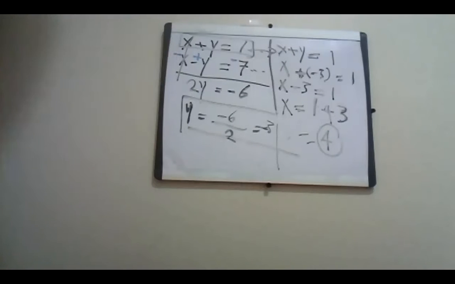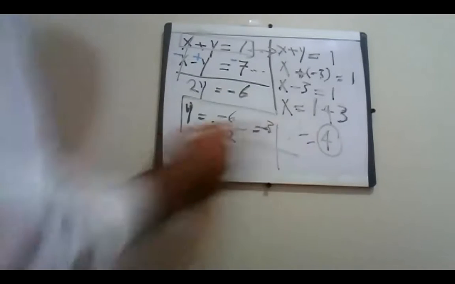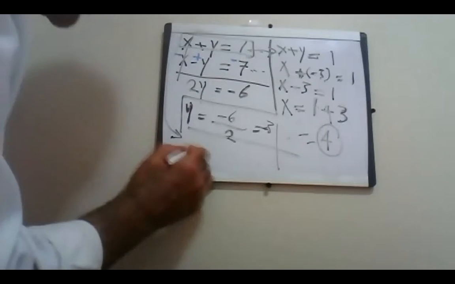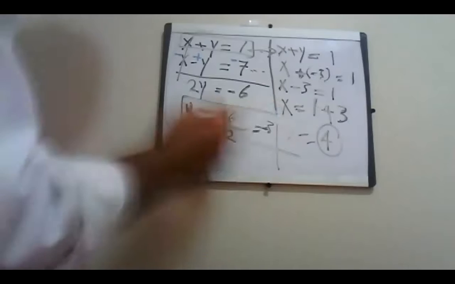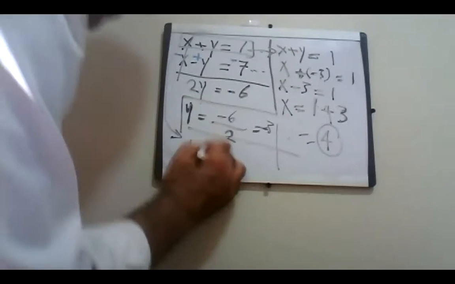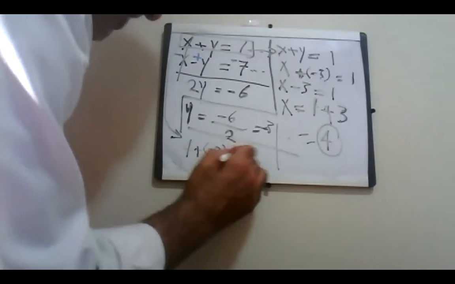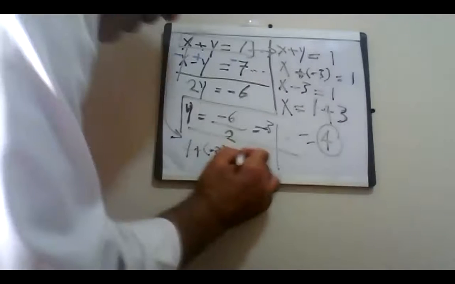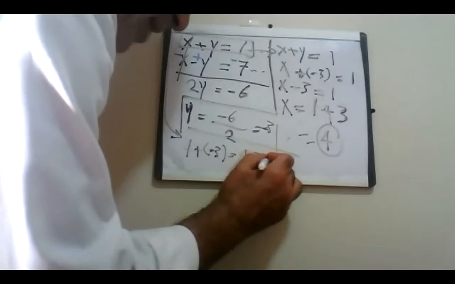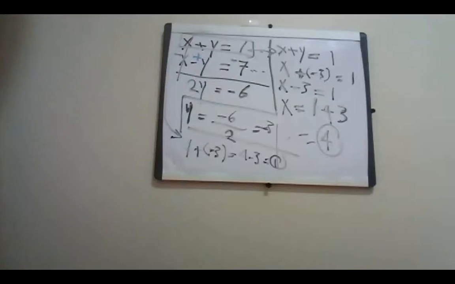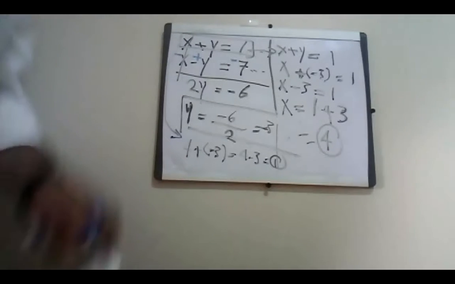As an example, the x is 4, plus y is minus 3. We'll see how much it is. 4 plus minus means 4 minus 3 equals 1. That's right, because the right side is 1. Then I solved it right. My solution is right.